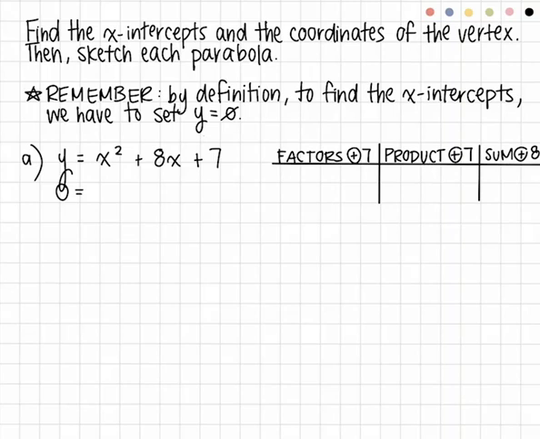I see I have a positive and a positive, so both my factors need to be positive. Let's start with 1. 1 times 7 is 7, and 1 plus 7 is 8. Those are going to be my two factors.